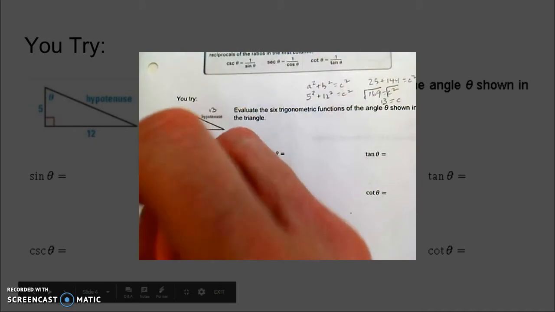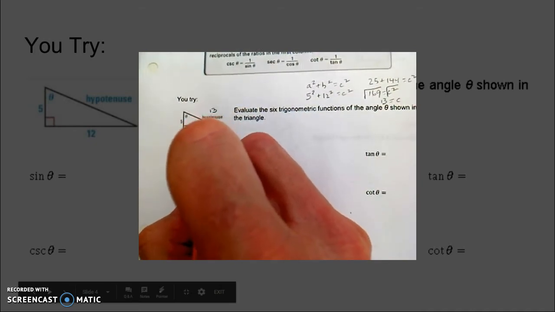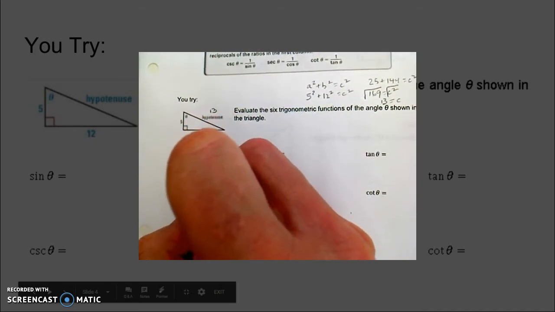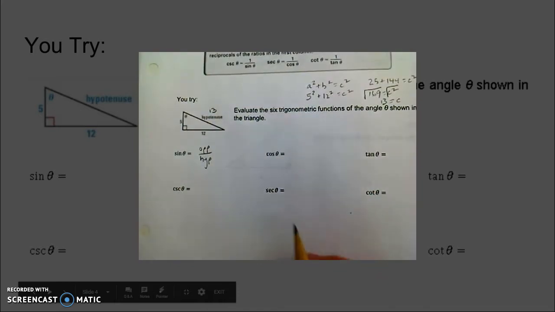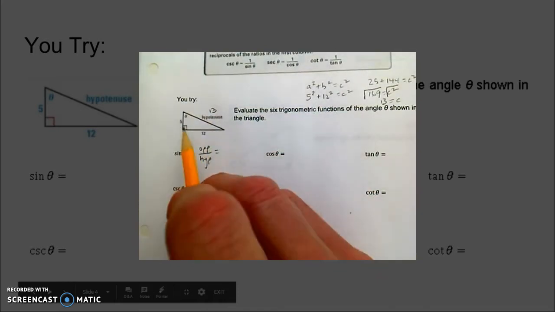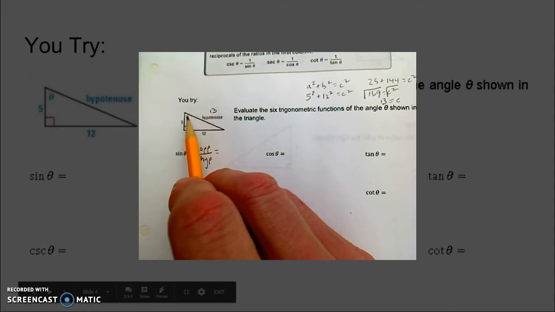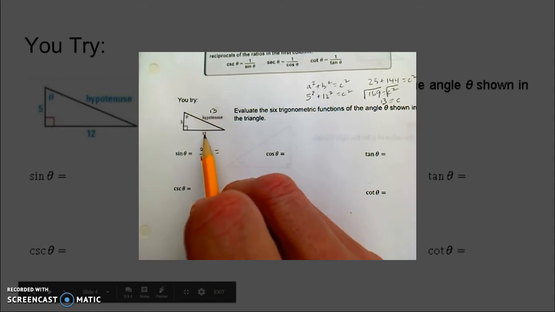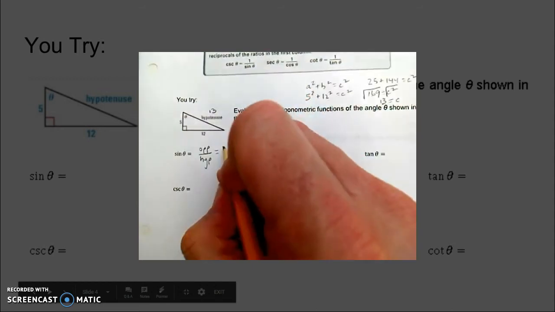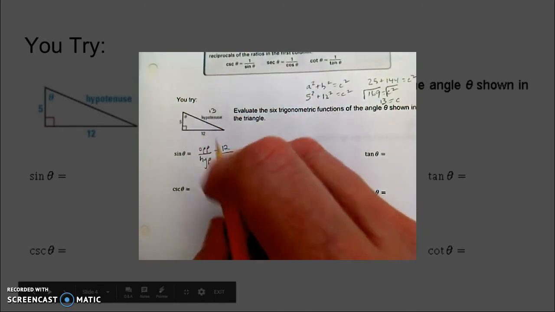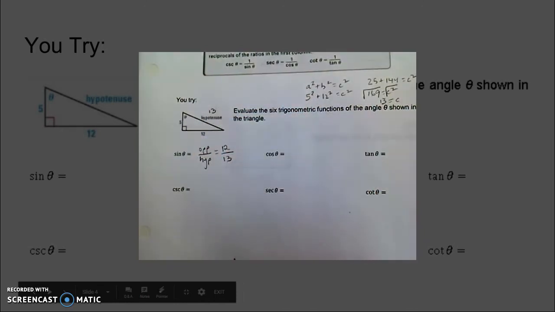Now, let's set up our sine. We know that sine is opposite over hypotenuse. So from this angle, theta, the opposite side across from is 12. The hypotenuse we just found out is 13. So if you punch this into your calculator, 12 divided by 13, you're going to get some weird decimal number.